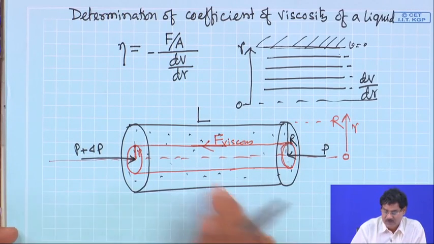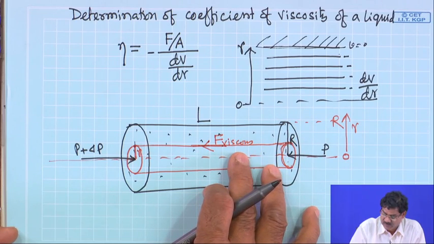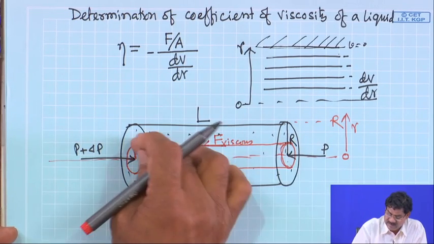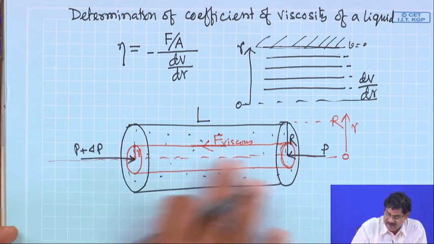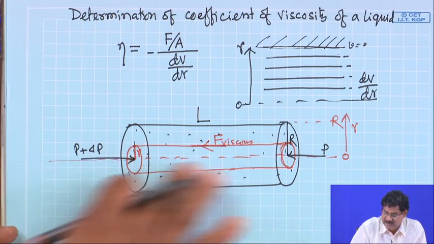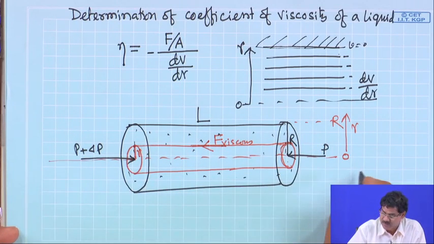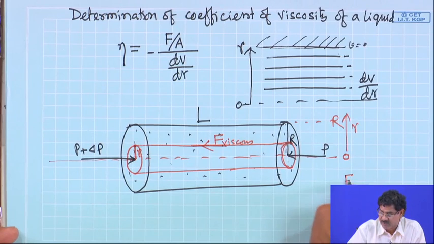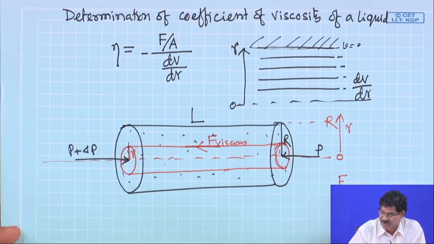This F viscous force is in this direction, and due to this pressure difference there will be a force in the opposite direction, because the liquid is flowing. This force I write as F pressure, the force due to this pressure difference.